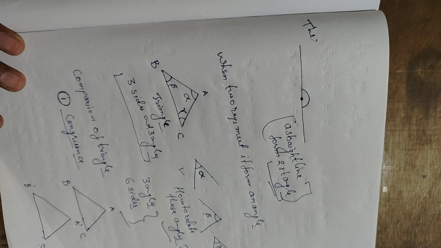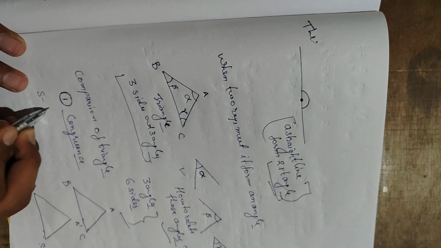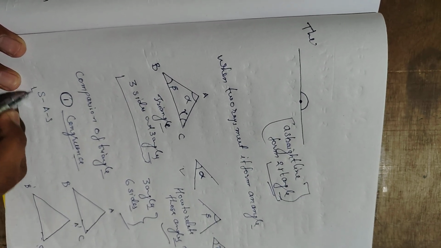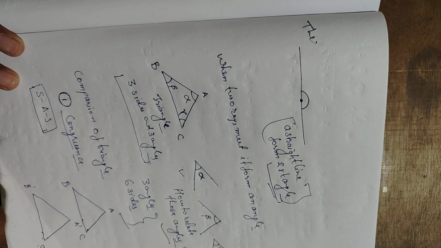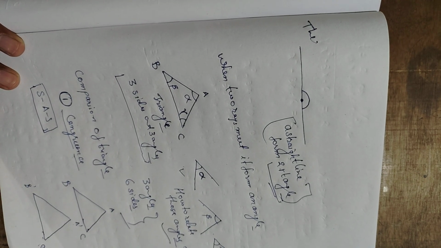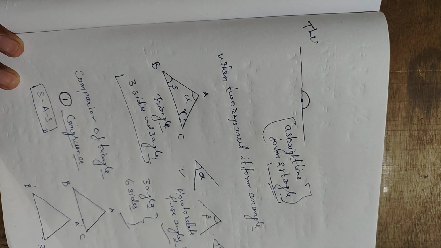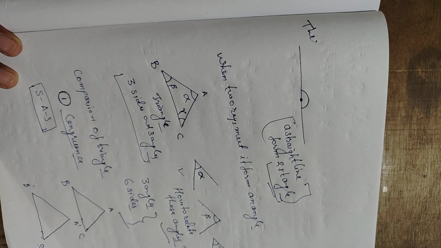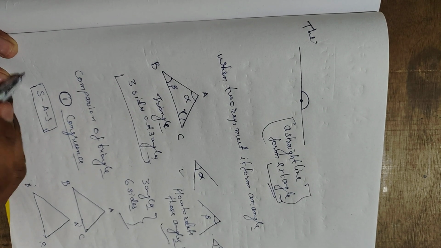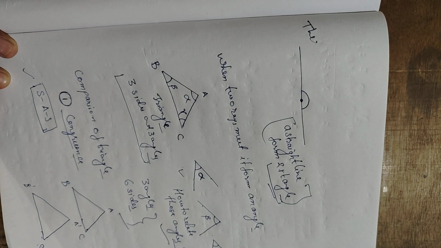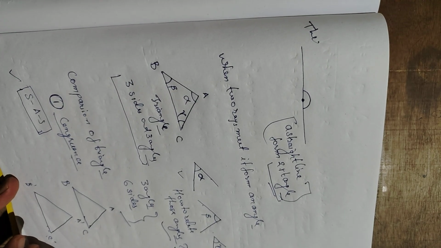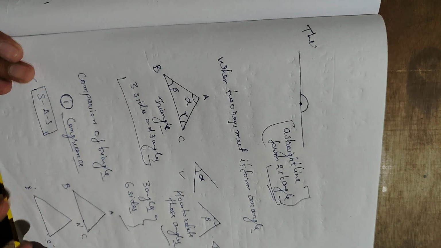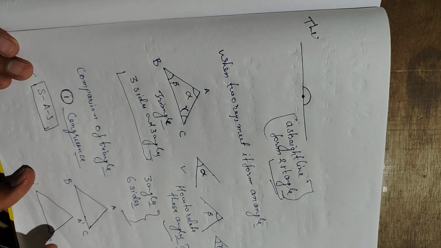First there is a rule called side angle side. That's the foundational rule of congruence. It can be proved by superposition, but we're not going to discuss that.